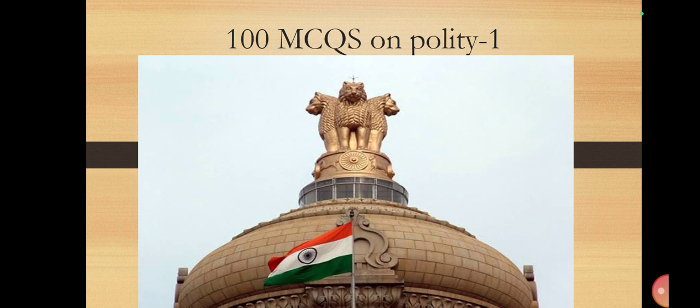AFSPA is the law which gives immense power to armed forces to maintain the rule of law in the disturbed area. The Armed Forces Assam and Manipur Special Powers Act 1958 empowered only the governors of the state and administrators of the union territories to declare areas in the concerned state or union territories as disturbed.